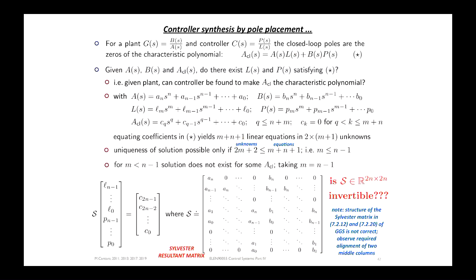And the number of unknowns we have is the number of coefficients we have to find in L and P. So L has m plus 1 coefficients, P has m plus 1 coefficients. So in total, we are looking to solve for 2 times m plus 1 unknowns. And we're going to solve for those by writing down m plus n plus 1 equations by matching each coefficient of ACL to a corresponding term on the right-hand side here.